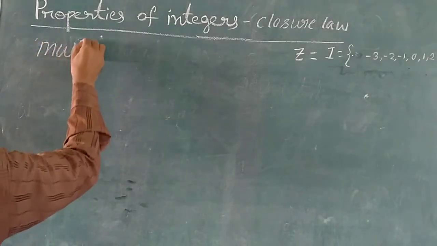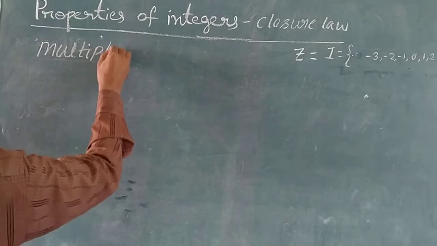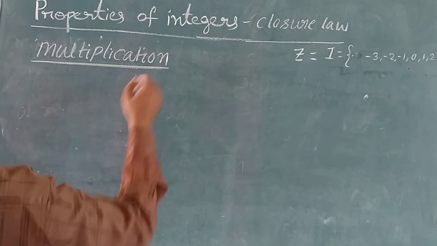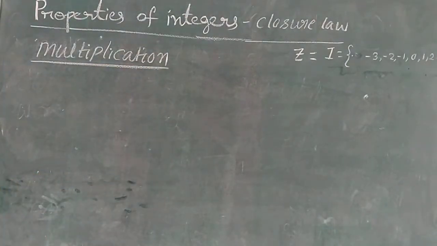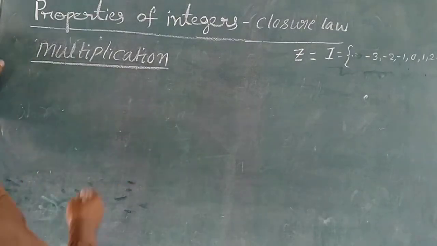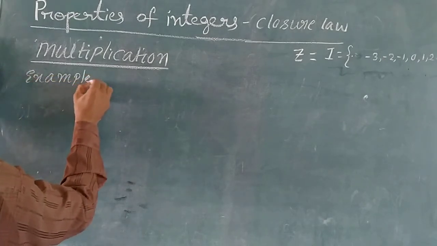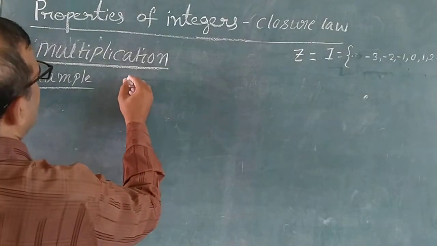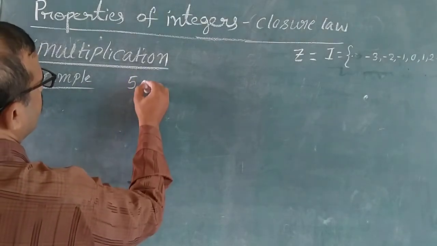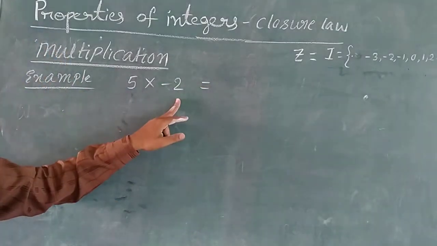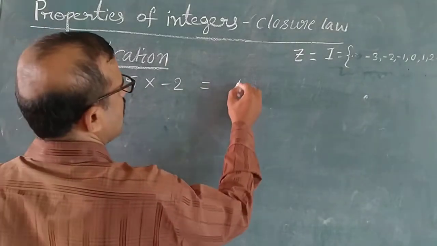Multiplication means product. What is multiplication for closure law? The product of any two integers is always an integer. So, for example, 5 into minus 2, a positive integer times a negative integer. 5 twos are 10.